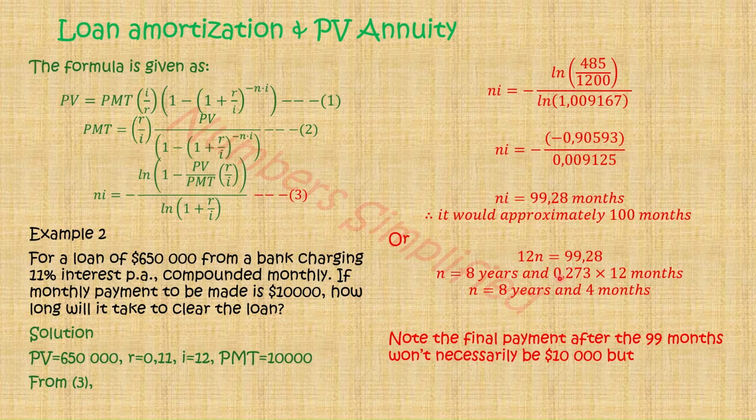The final balance would be given by the value of the loan after 100 months minus the future value of the payments up to the 99th month. That difference would give us the final payment that has to be made, and that payment should be less than $10,000. So that's how we would solve this particular question.